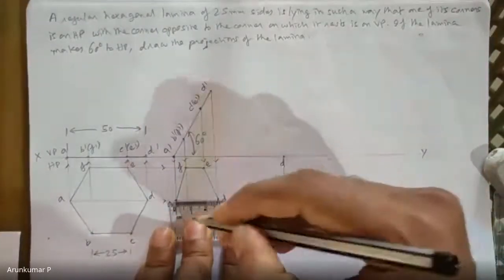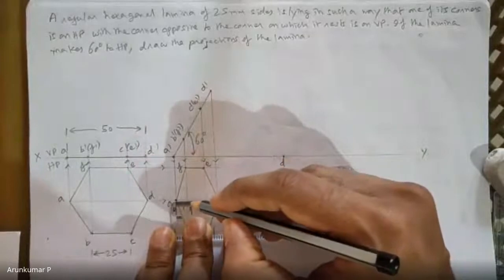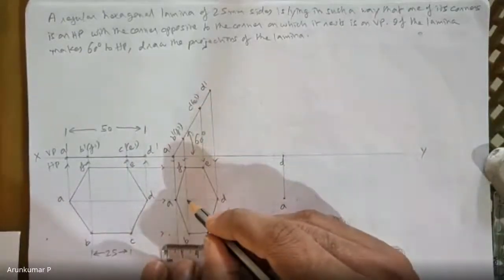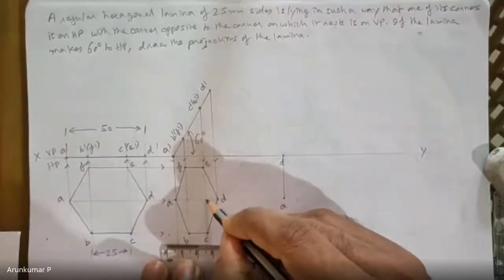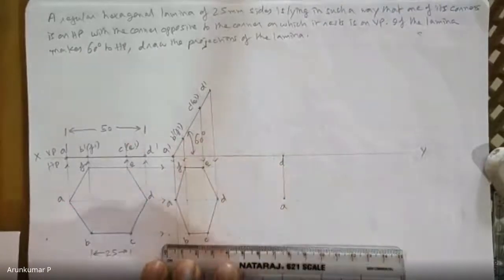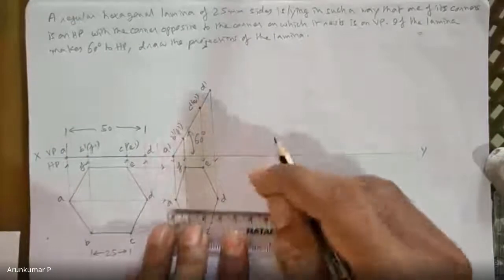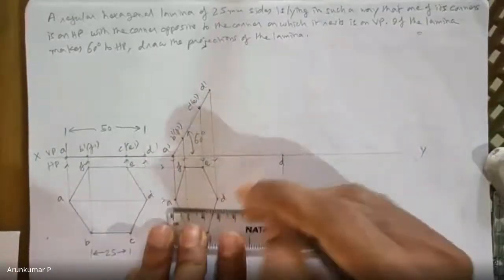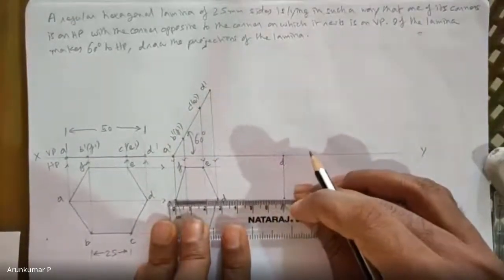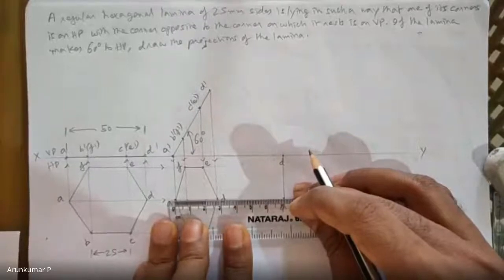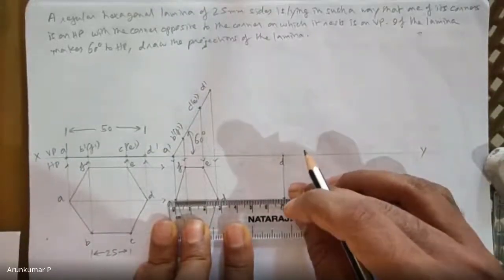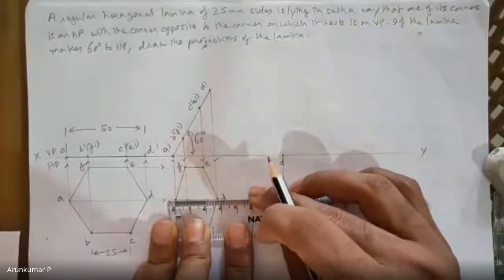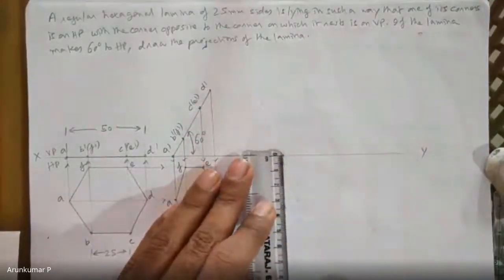What you can do is find out these intersection points here. Let us say that this point is around 8 mm, and this is also 8 mm.